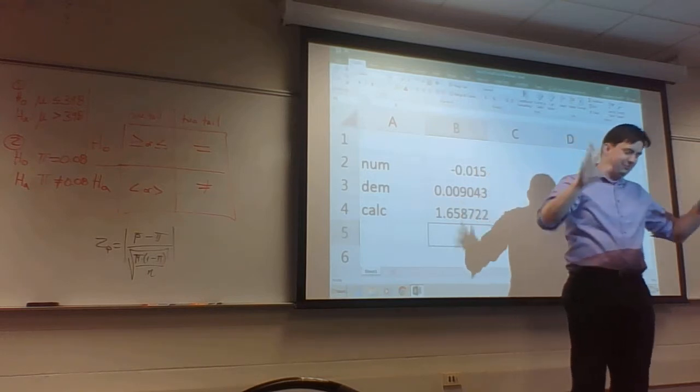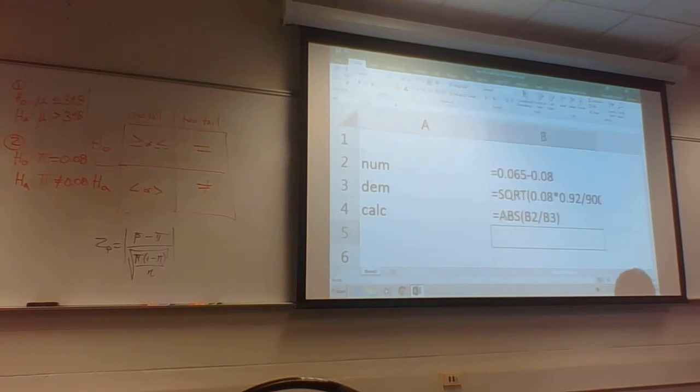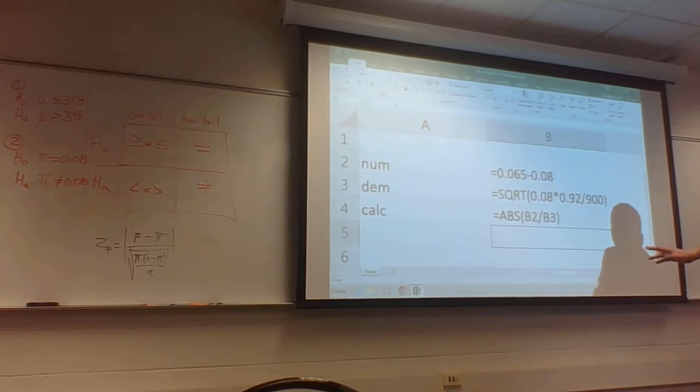So I'm trying to fix that and focus on the absolute value. You take the absolute value because you care about, technically, critical values from both sides. And so we get something that is about 1.667.